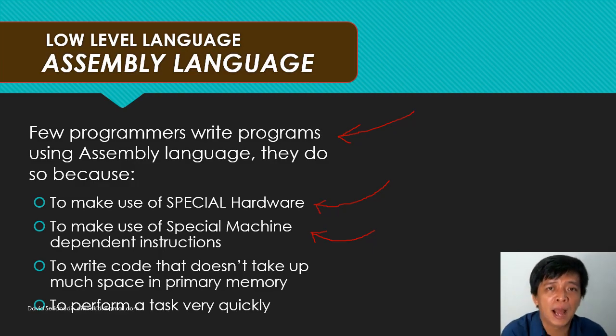They are commanded by a simple command, 010101, or you can use the assembly language to command the hardware. The third one is to write code that doesn't take up much space in the primary memory. Because you write in assembly language, which is really short, it doesn't take up much memory, unlike the high-level language. So the last one is to perform a task very quickly.